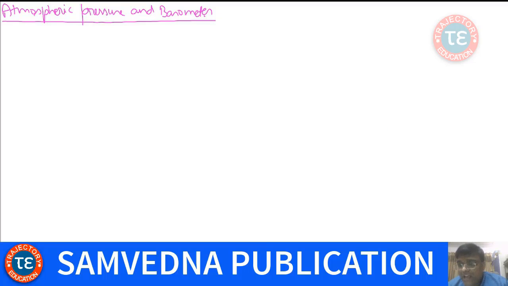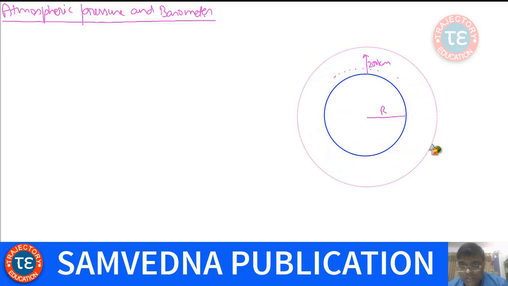See, we have the Earth, say of radius r, and outside this Earth, you have the atmosphere. You have gaseous particles in the atmosphere, up till a height of approximately 200 kilometers.